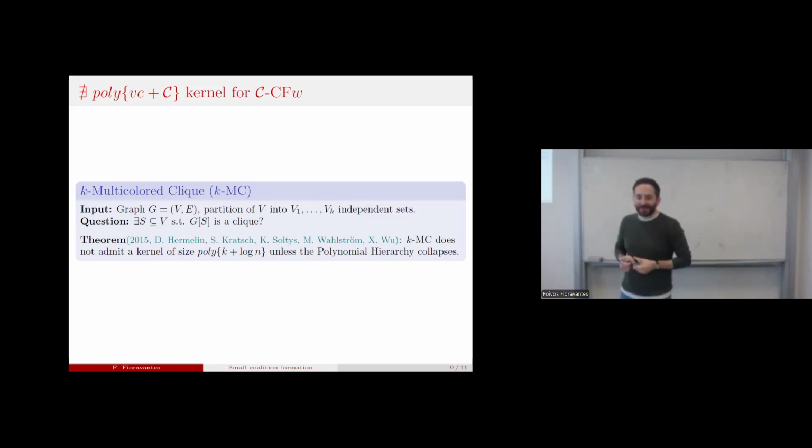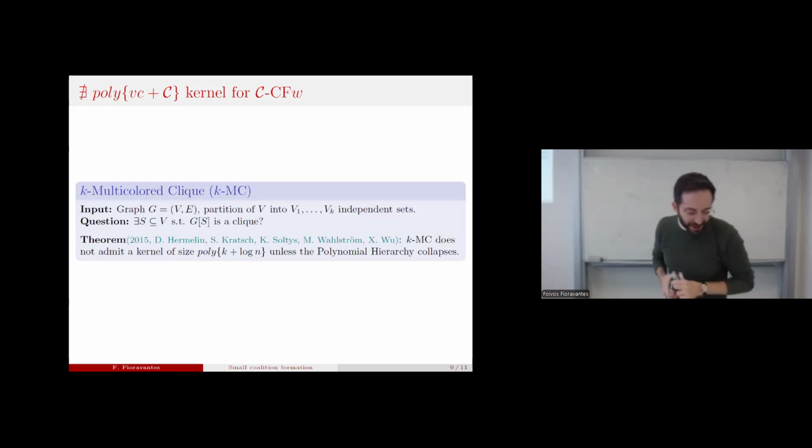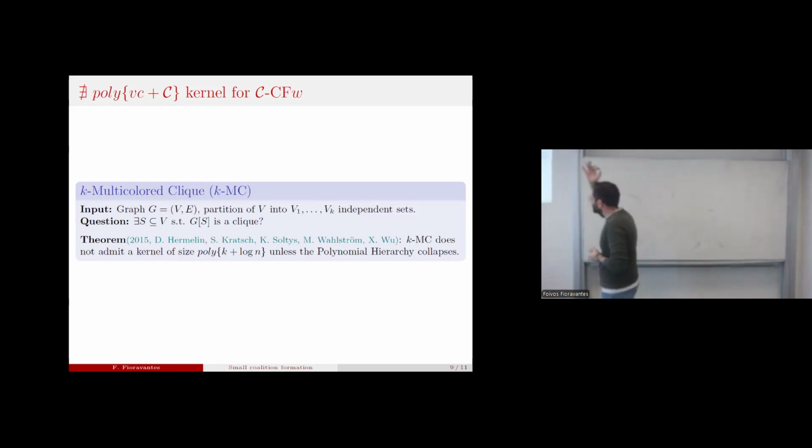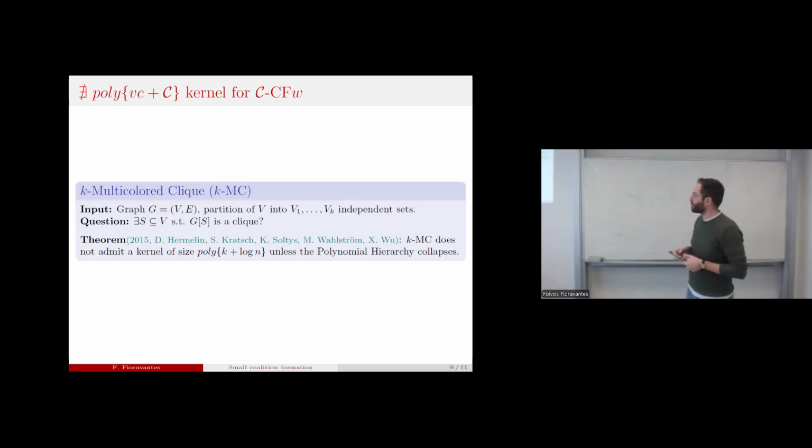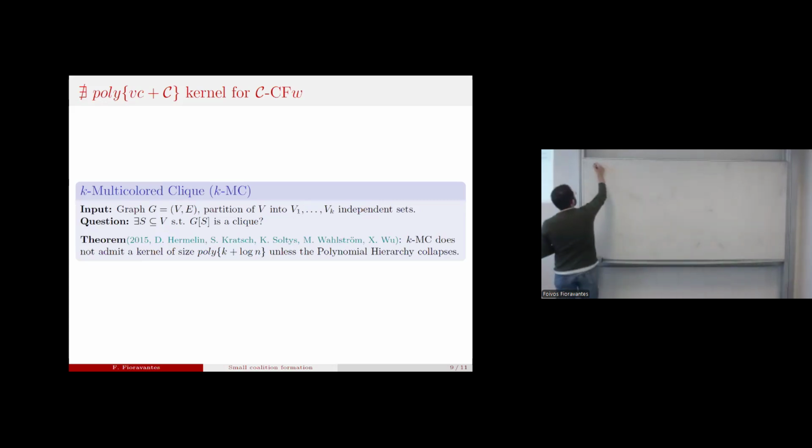For everybody who, okay, you are familiar, but here is your K multicolored clique. This is why I mean a careful reduction. We have to be careful about the size of our parameter, about the size of the vertex cover of the graph we are producing. So, I have my K multicolored clique.